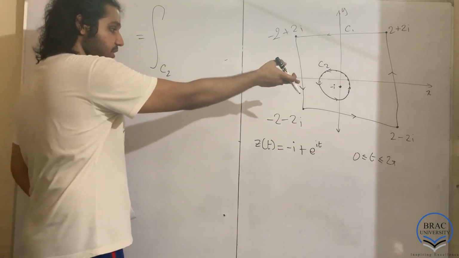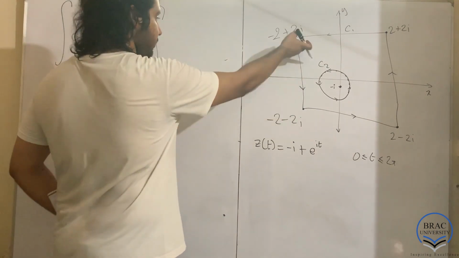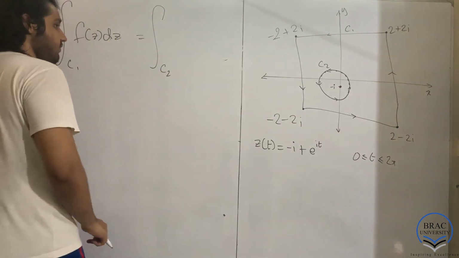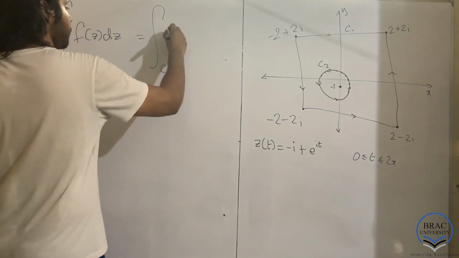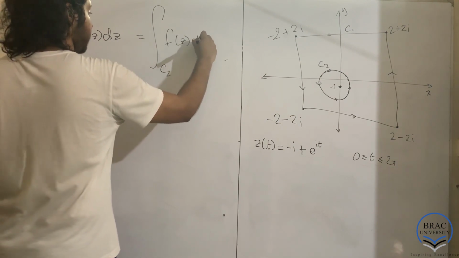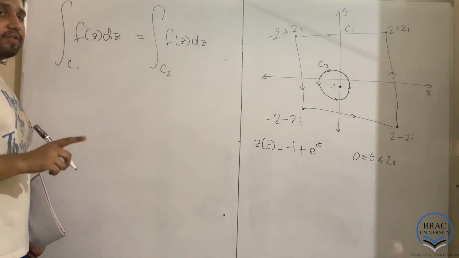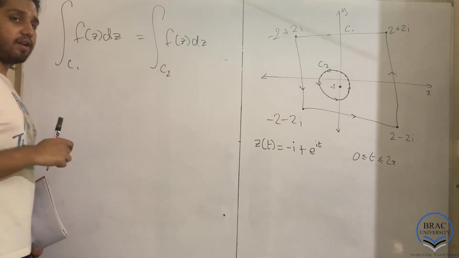As we've seen here, it's pretty easy to work with this contour rather than this contour, because it's easy to parameterize, and then get the definite value for the integral over C2 of f(z) dz, given that these things follow the rules that were mentioned at the start of this video.